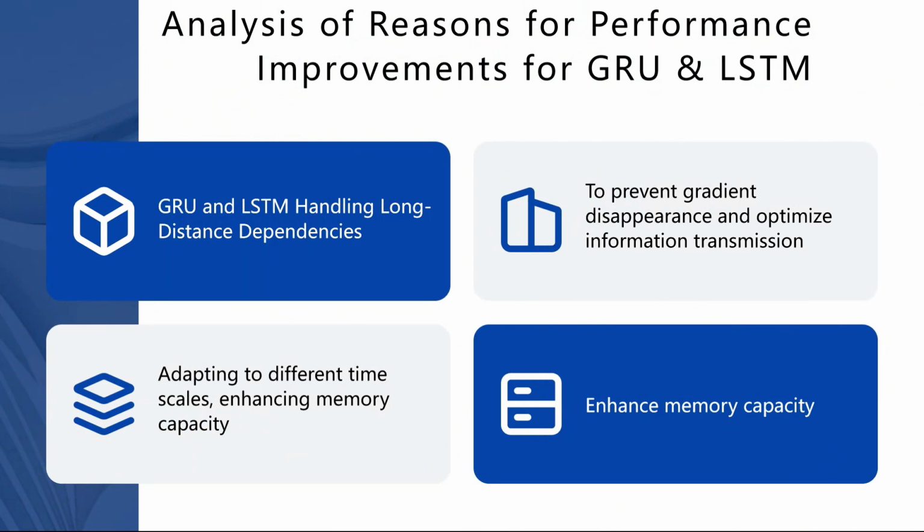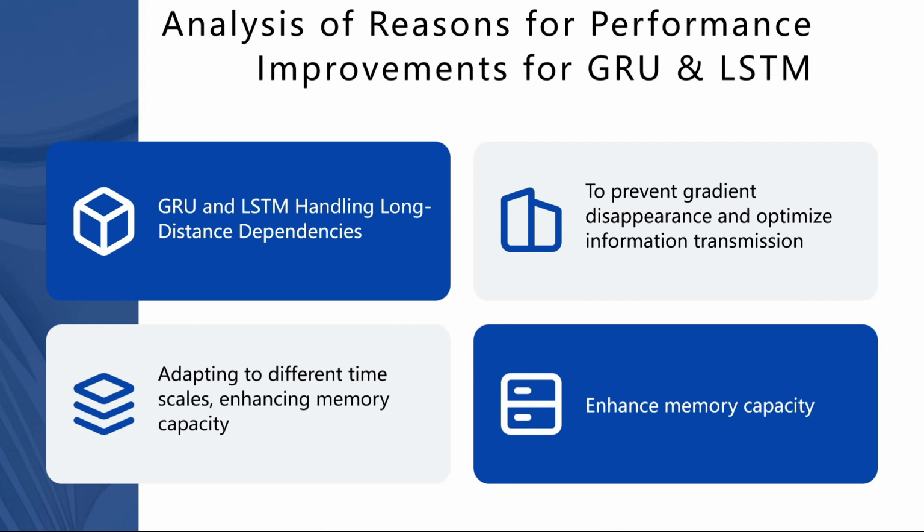In this text translation task, GRU and LSTM performed significantly better than the traditional RNN for several reasons. GRU and LSTM introduce gating mechanisms that better handle dependencies in long sentences, capturing grammatical and semantic information. They effectively mitigate the vanishing gradient problem, allowing the model to learn more steadily and deeply during training.